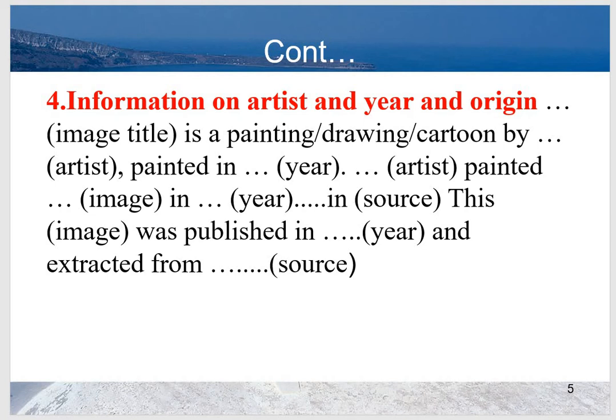Some paintings are classical in nature, like Mona Lisa's picture, or some caves have been painted. So if it's an archaeological heritage, its worth and prestige is far more than a contemporary piece of drawing or a piece of art. Painted in year, in source.